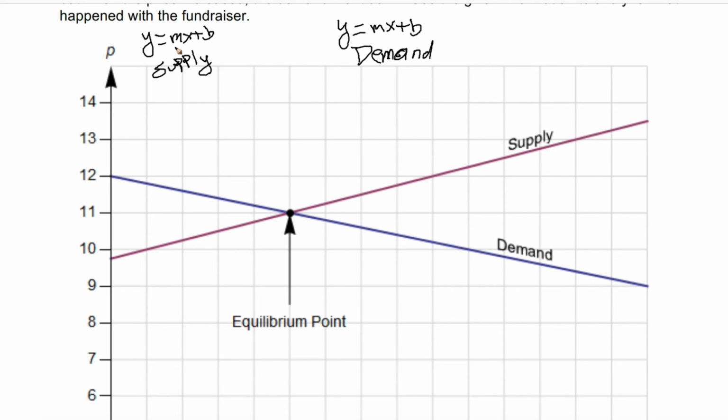Now we want to know when this part is equal to this part. We don't care about the y equals. That's just telling us, hey, here's the equation. So we want to take the supply, mx plus b, and we want to set that equal to demand.